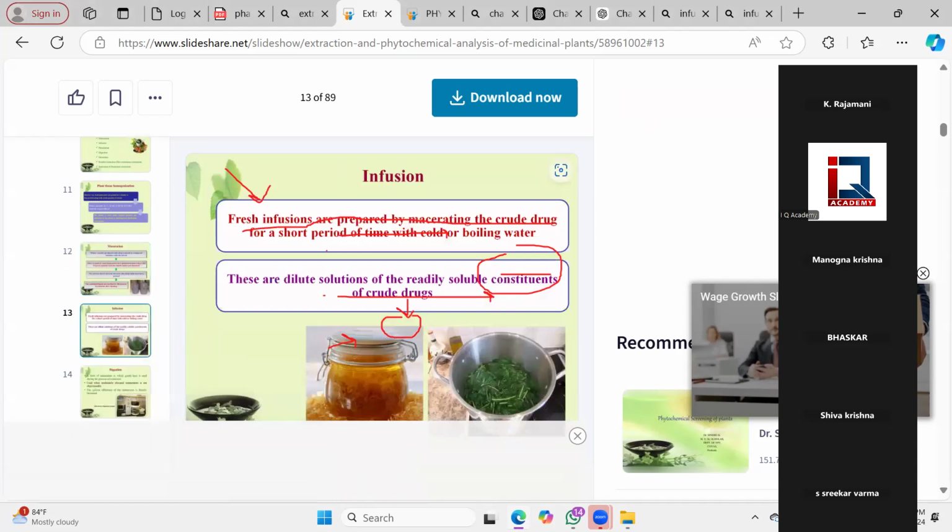Then infusion we have already seen, and in the infusion method, fresh infusions are prepared by macerating the crude drug for a short period of time. So these are dilute solutions and readily soluble. We have already seen the video of what happens in infusion.